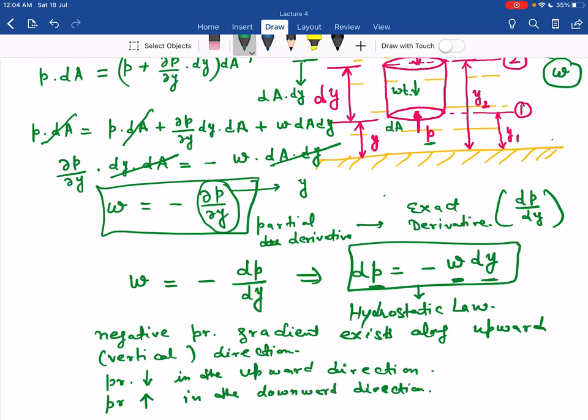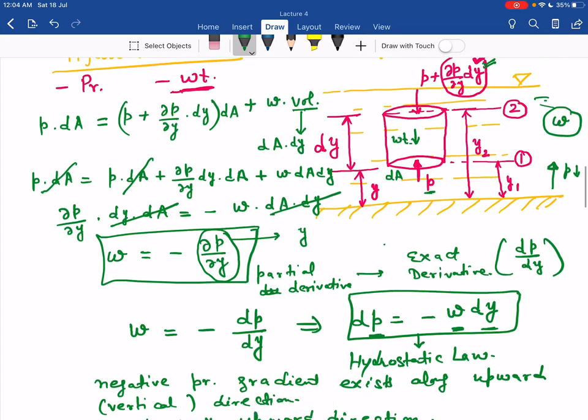So this is our upward direction, and in this upward direction, pressure decreases. And this is the downward direction, so along this direction, pressure increases. So that is the hydrostatic law.